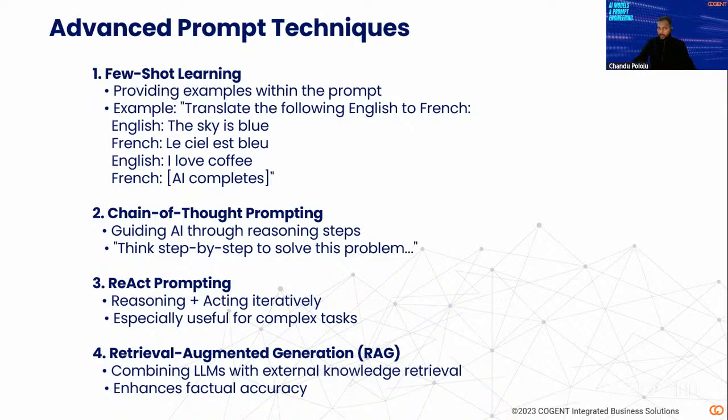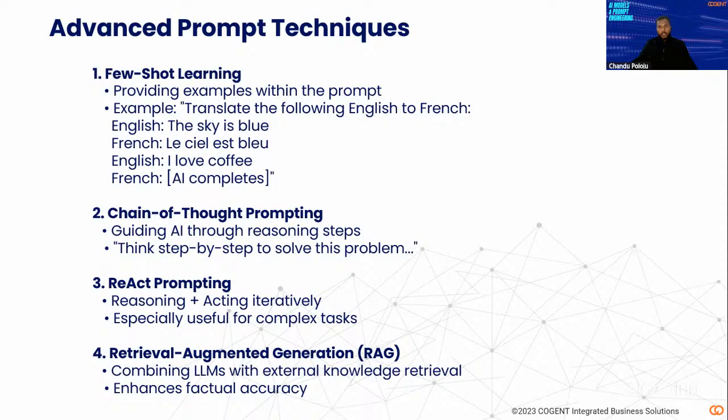Next, coming to ReAct prompting. ReAct stands for reasoning and acting. It acts as an iterative process: it produces an output, thinks again, performs the output again, and thinks again.